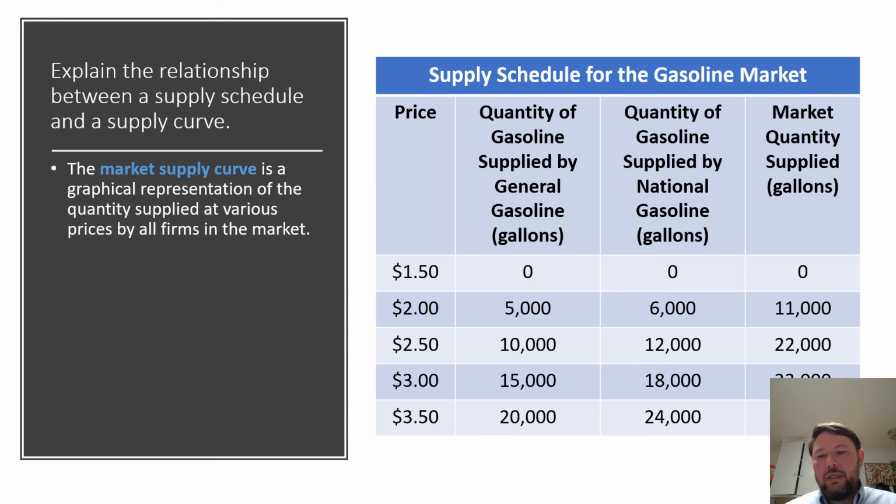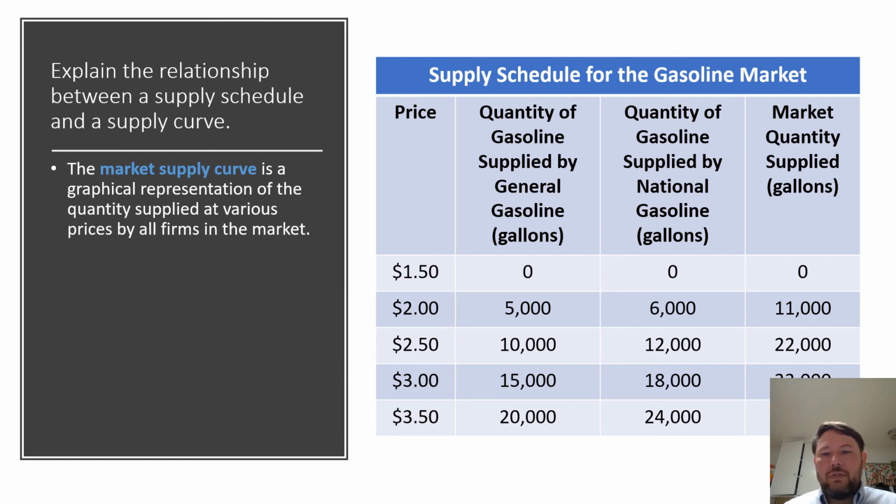He had the willingness and the ability to buy gas at a particular price. When we put the demand schedules for the individuals, Alice and Fred, together, we got what we called a market quantity demanded. And we're going to do the same thing here with supply.